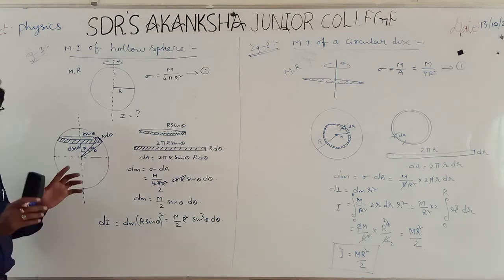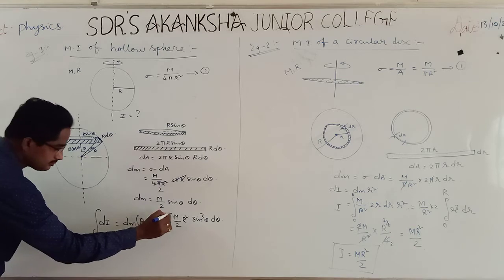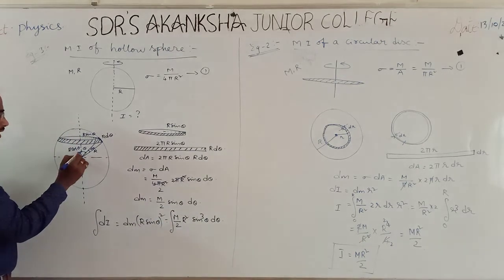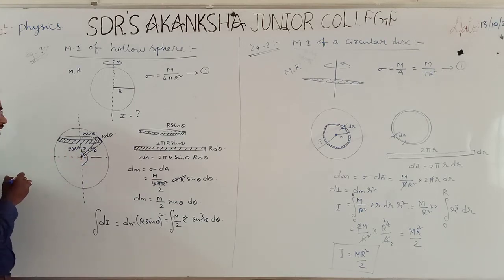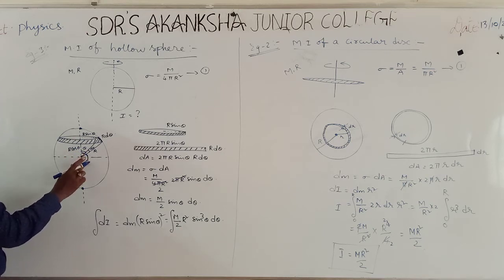Now, how can we get the total moment of inertia? By integrating this. What are the limits for theta? Theta varies from 0 to pi. For covering the total sphere, we have to choose these elements from this place to this place, so theta varies from 0 to 180 degrees, that means 0 to pi radians.